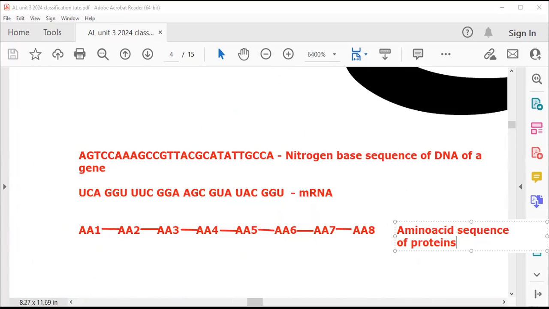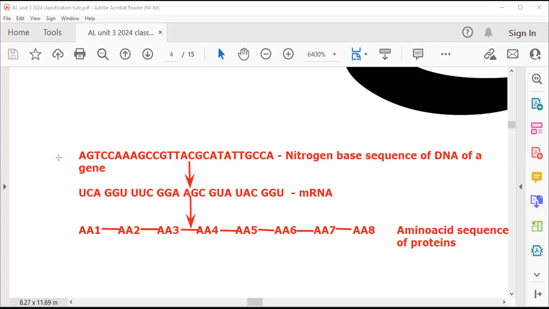So nitrogen base sequence is there in DNA and RNA. In proteins, what is present? Amino acid sequence. If you tell this way, it is far better. DNA's nitrogen base sequence determines the mRNA's nitrogen base sequence. mRNA's nitrogen base sequence determines the amino acid sequence of what is it?